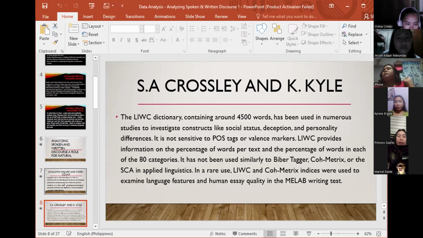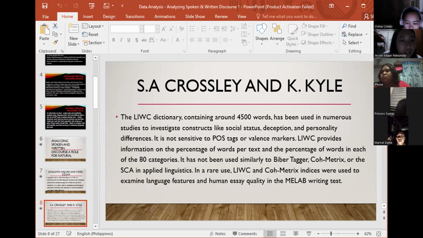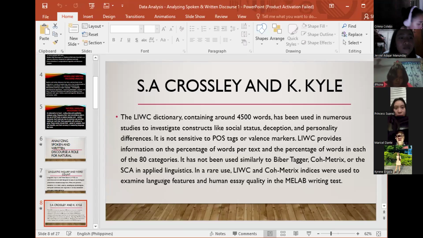So we have S.A. Crossley and K. Kyle. The LIWC dictionary, containing around 4,500 words, has been used in numerous studies to investigate constructs like social status, deception, and personality differences. And it is also not sensitive to POS tags or valence markers.